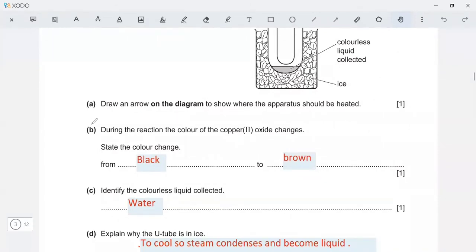Students, could you see first 1A? Draw an arrow on the diagram to show where the apparatus should be heated. So you have to find out in the diagram where the apparatus is meant for heating.